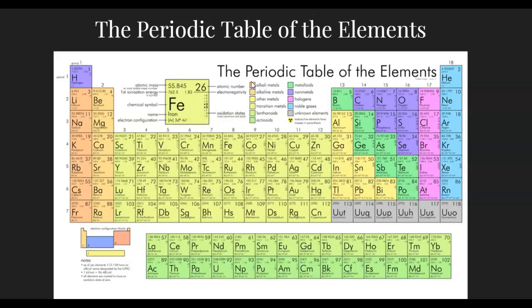So if you look, this light orange color represents the alkali metals. A little bit lighter orange is the alkaline metals, and each of the colors represents a different classification, and it usually means that the elements in that category behave very similarly when they're in chemical reactions.